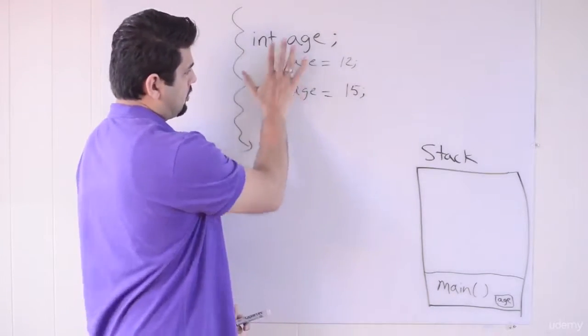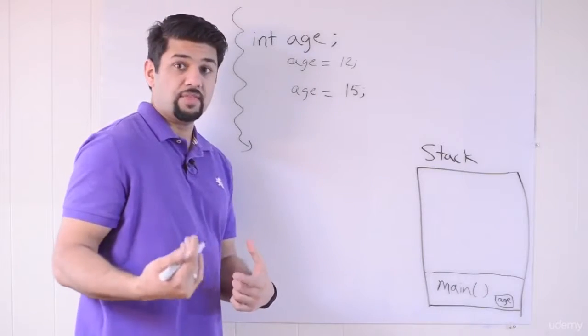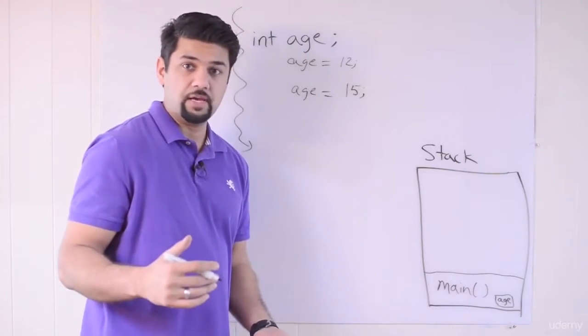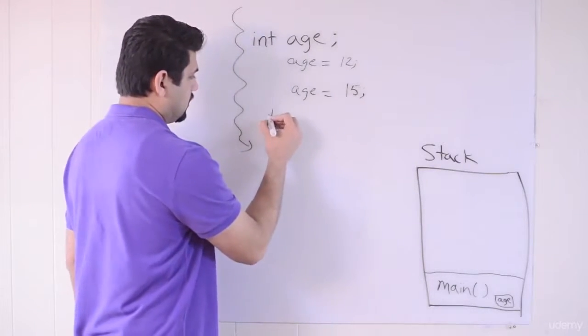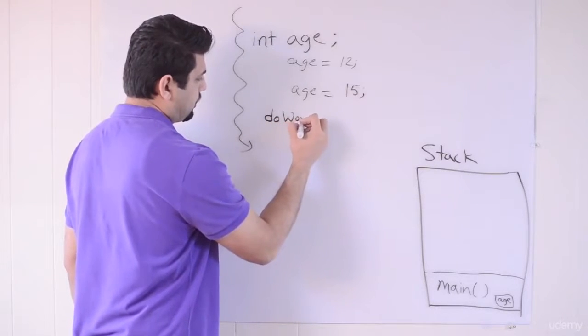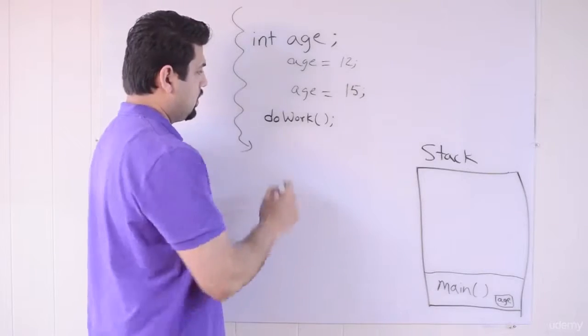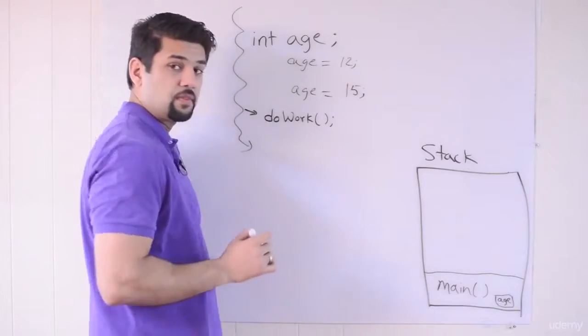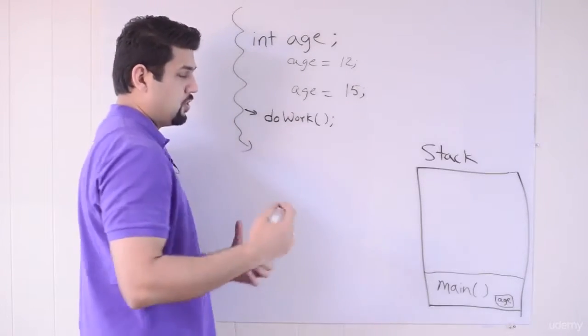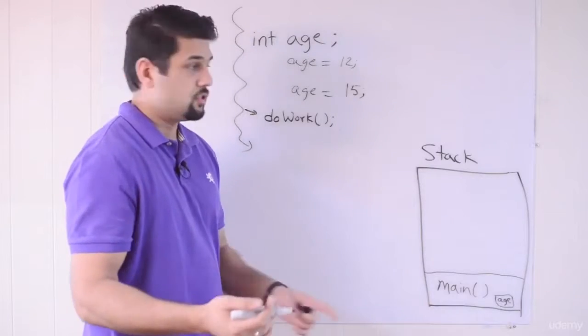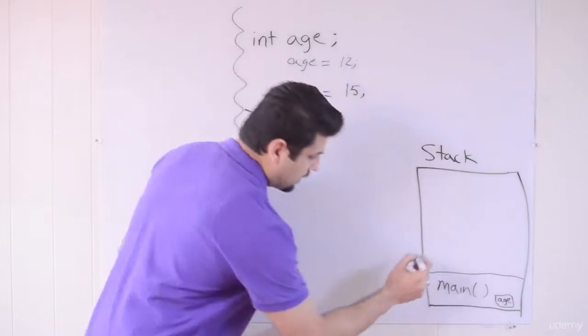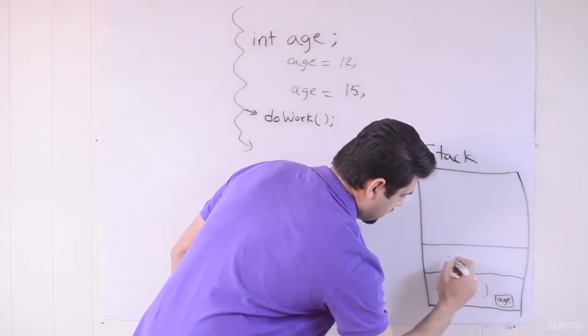Now, let's say we are past this point and we have another method invocation inside of main, all right? Let's say we have some method called do work, all right? When it gets to this line here, the do work is going to be added to the stack, okay? It's going to be piled on top of main, right?